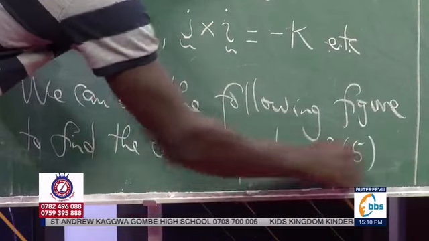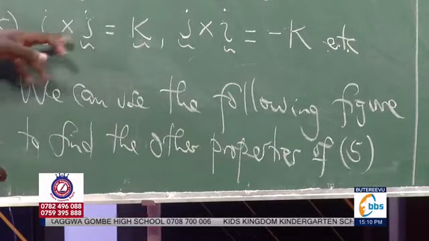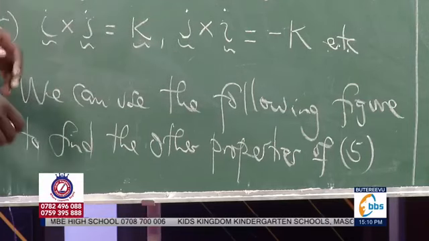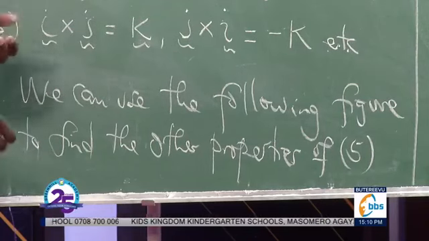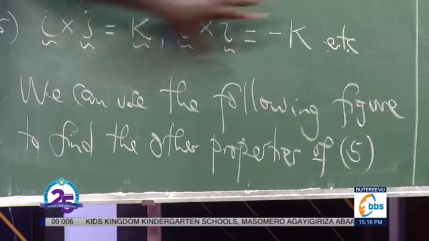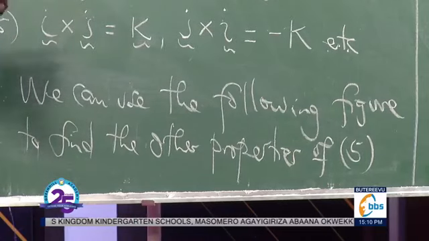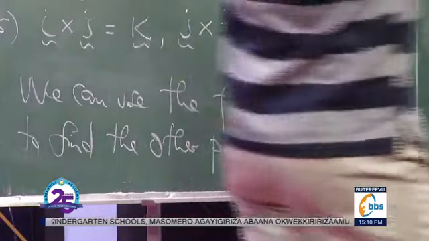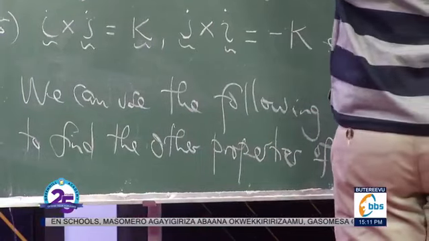You see here we just picked out I cross J and then J cross I. But how about I cross K? What do you get? You didn't want to write a lot of them here so that you don't cram. There is a figure we can use to get those products there.